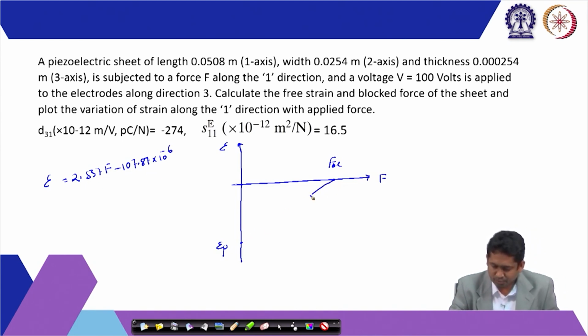If we join these two, it becomes our straight line showing the variation of strain with the force. This is our free strain that we got, this is the block force that we got. So, with that this problem ends. Now, we should go to the next problem.